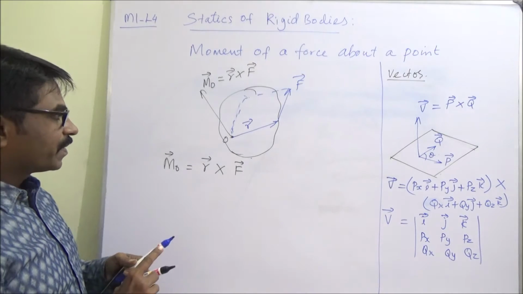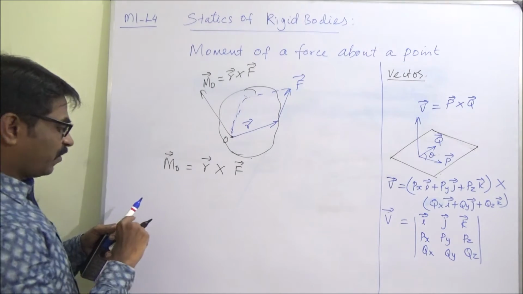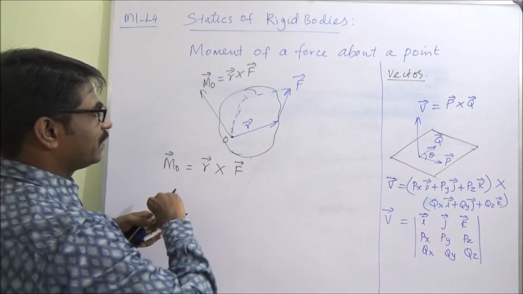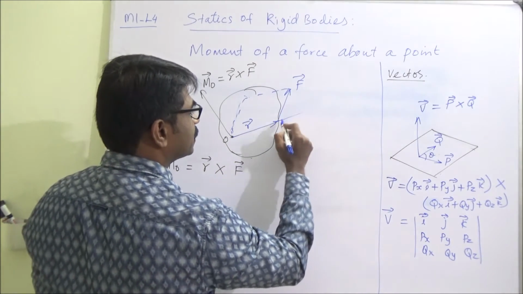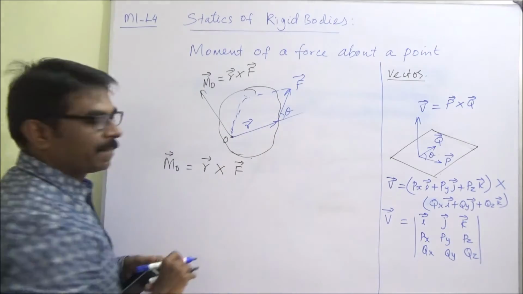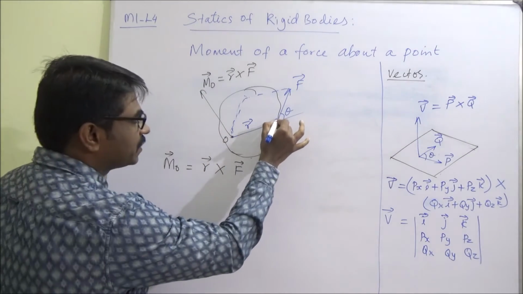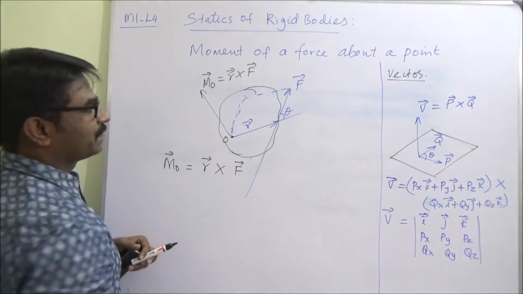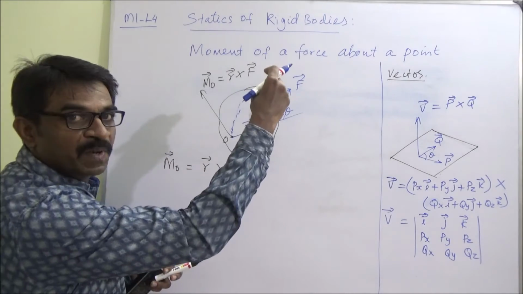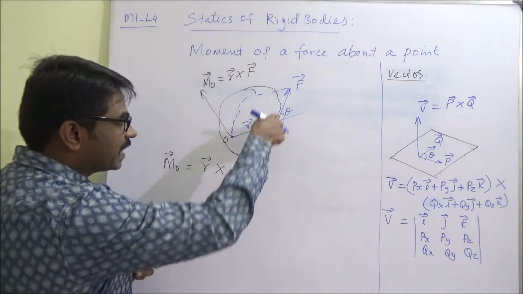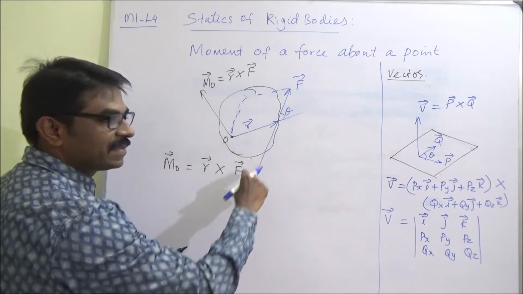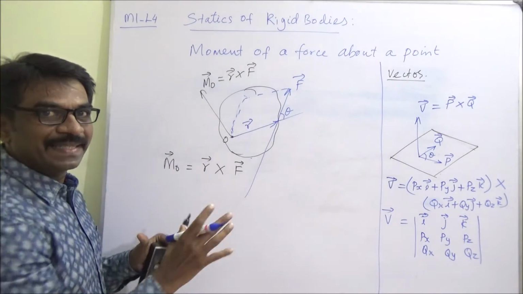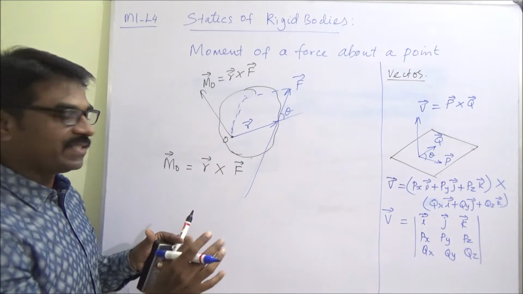Now what is the magnitude of it? You know the angle between R and F, if we just extend, this is theta, and draw the same line of action. Here comes the principle of transmissibility. If the force is replaced anywhere along the line of action, the effect will not be changed.